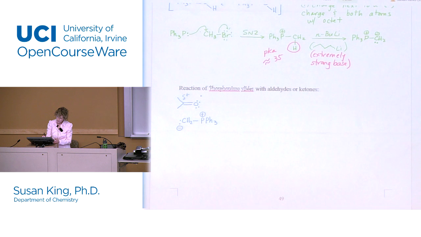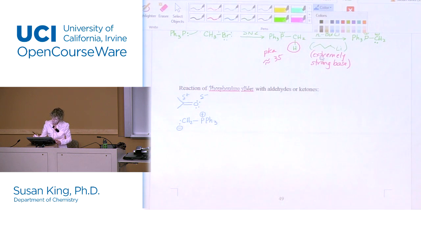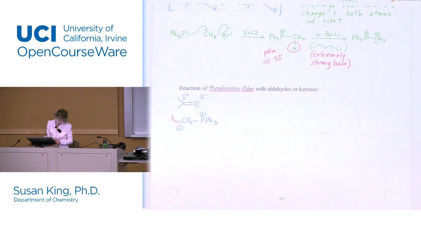And so what's going to happen is that this is going to situate itself so that the negative charge of the carbon here is going to be nearby the partial positive of the carbonyl, and the negative charge of the oxygen here is going to be near the positively charged phosphorus. So they're going to line themselves up that way. And then the carbon's going to attack the carbonyl, kicking electrons up onto oxygen.